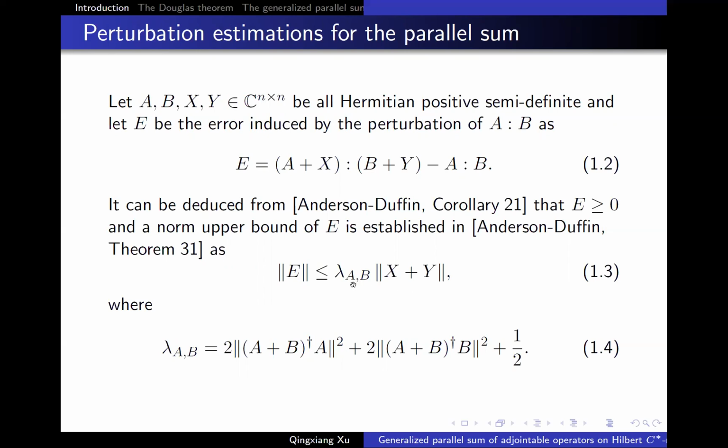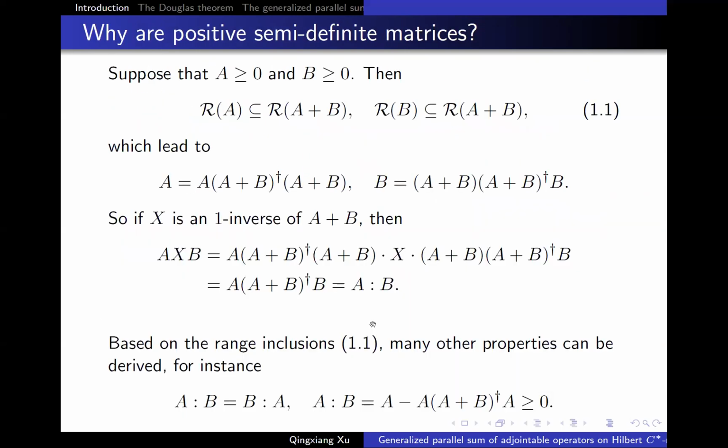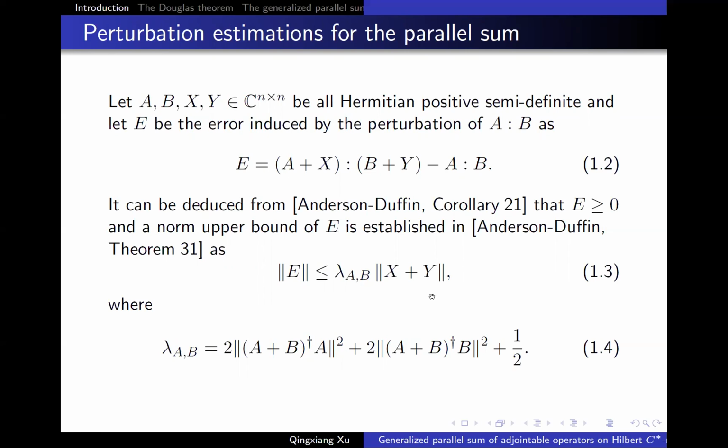The first number is only related to the first two matrices, and the second one is the norm of X plus Y. Here, the notation norm means the two-norm, also known as the spectral norm or operator norm.